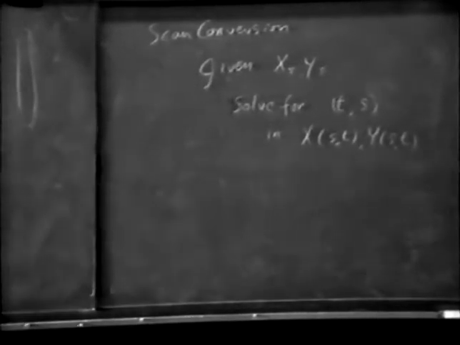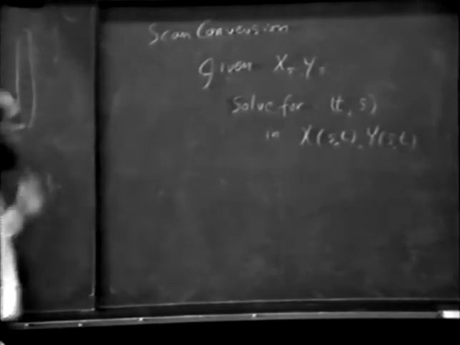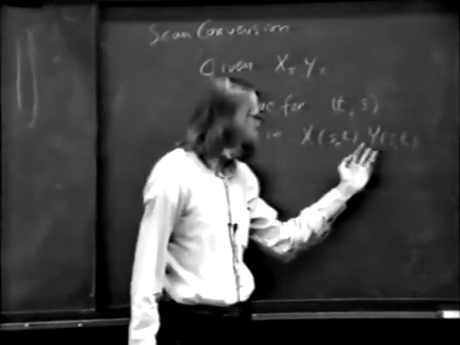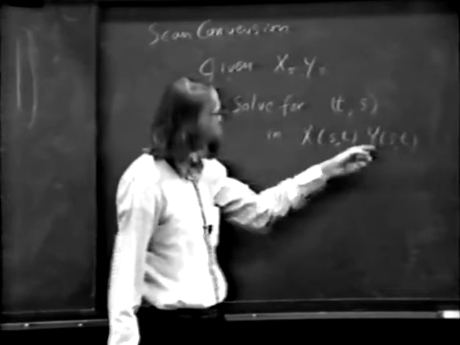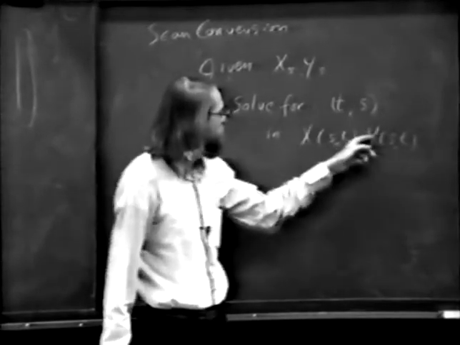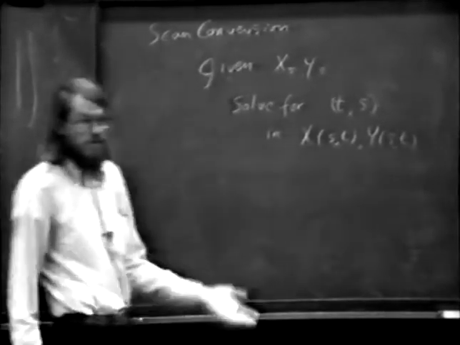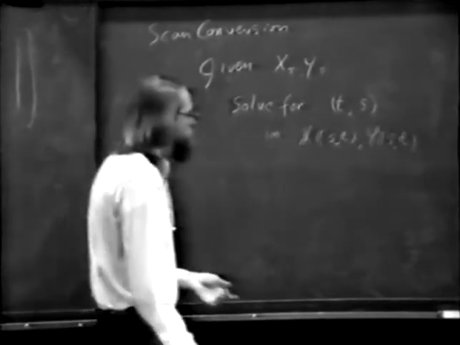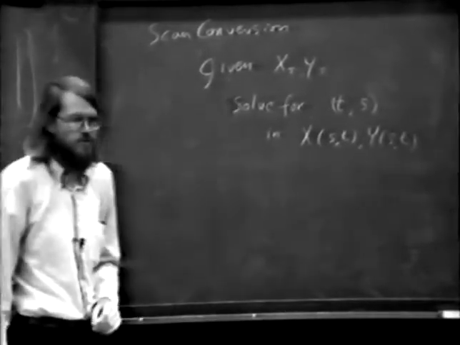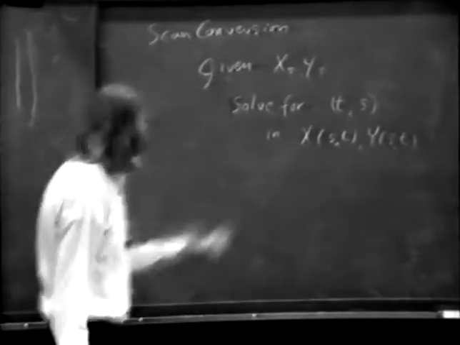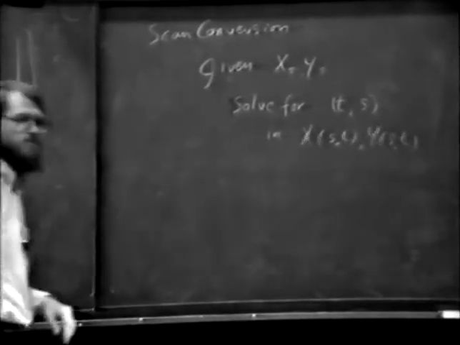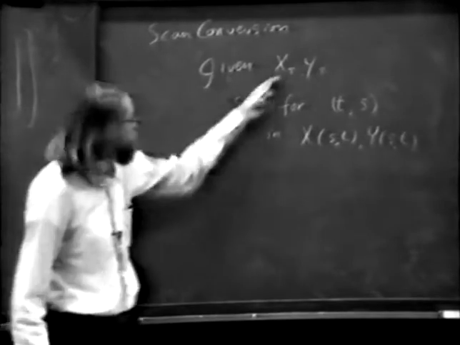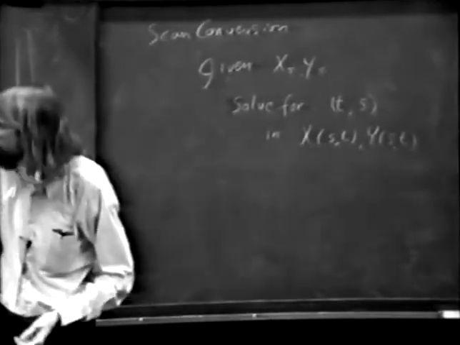That is, for x and y, we have these bicubic polynomials here. And we want to solve those mutually for x equals constant xs and y equals constant ys. Find all the solutions, there might be several of them, values of s and t which solve this equation. And we know where we are on the patch. Now really, this is even more complicated than that, because if we talk about perspective, the x on the screen is not just a bicubic function like this.